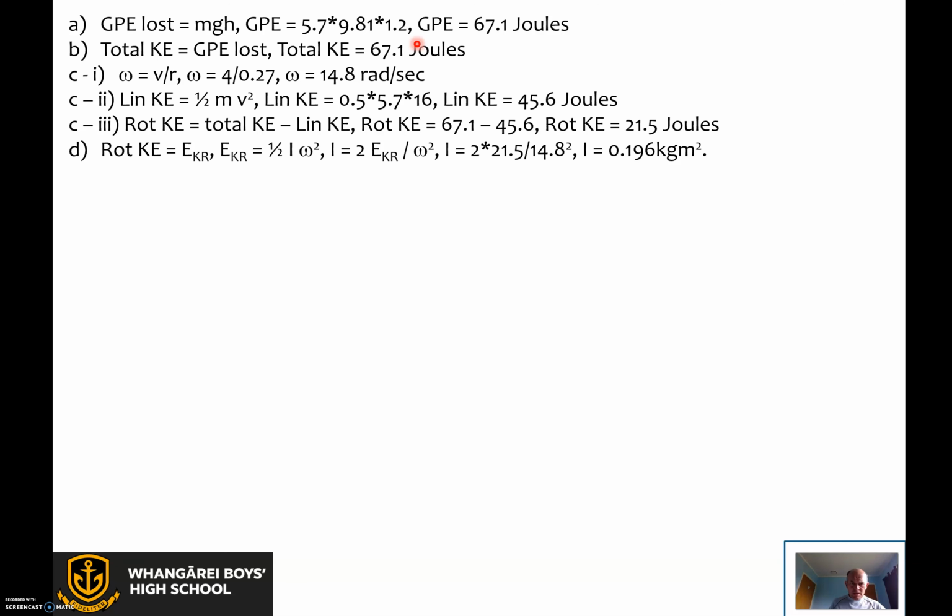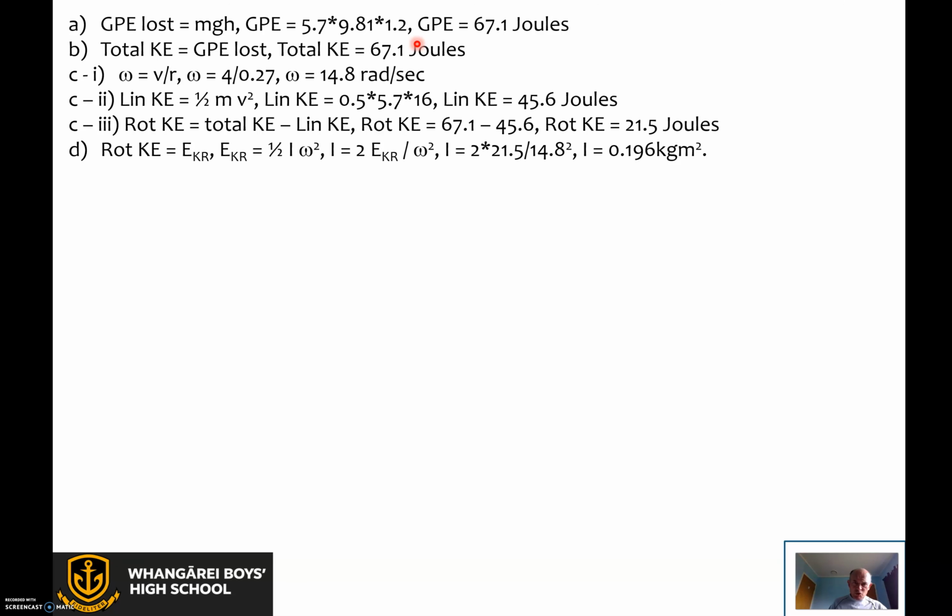Now the rotational kinetic energy is EKR. Swap sides. EKR is a half I omega squared. Then multiply both sides by 2. I made a mistake there, sorry. Rotational kinetic energy is EKR. EKR is a half I omega squared. Swap sides, and then multiply both sides by 2 to get rid of the half.